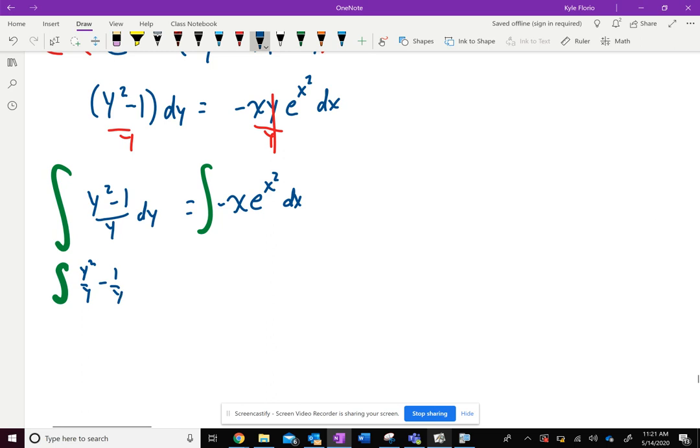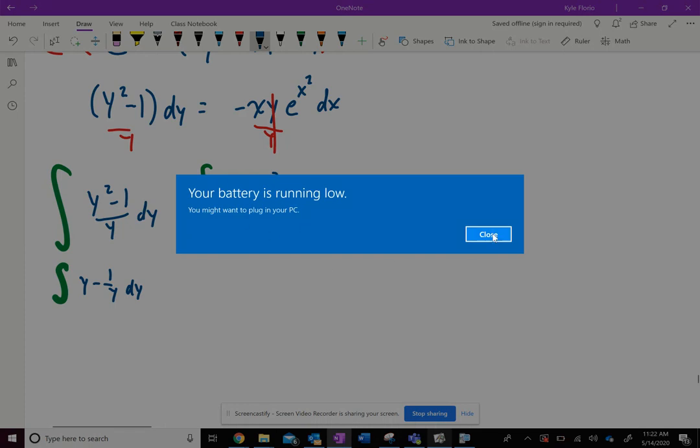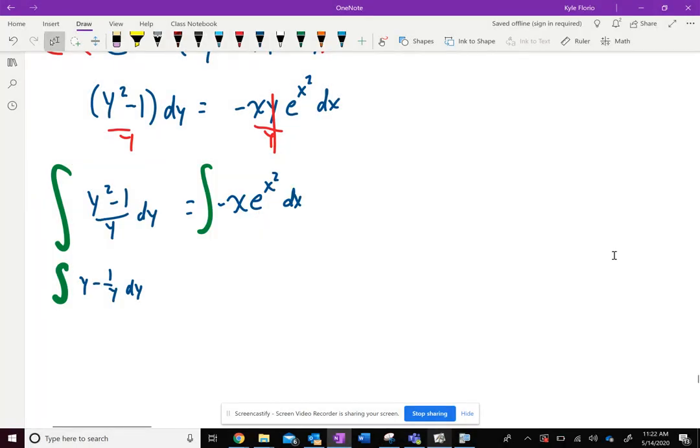So y squared over y is going to be a y, minus 1 over y. I'm doing two steps in one there, but y squared divided by y is just y, and then 1 over y is just 1 over y. And the antiderivative of that, well, you could try doing this on your own too if you pause the video.